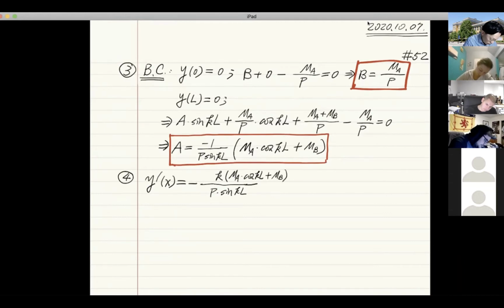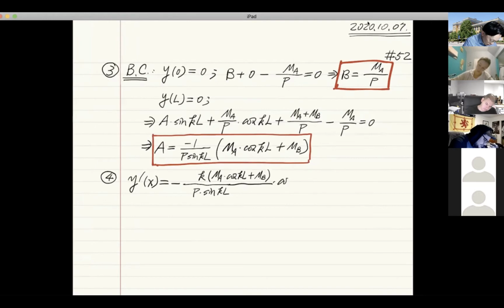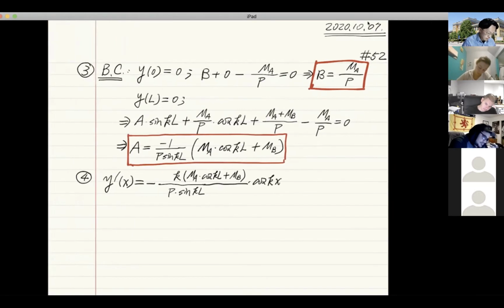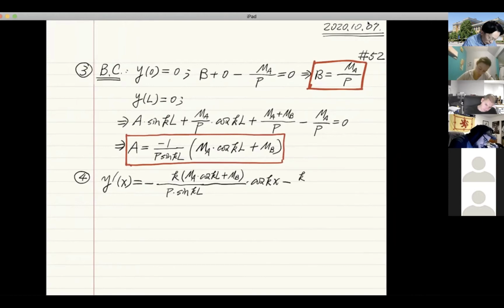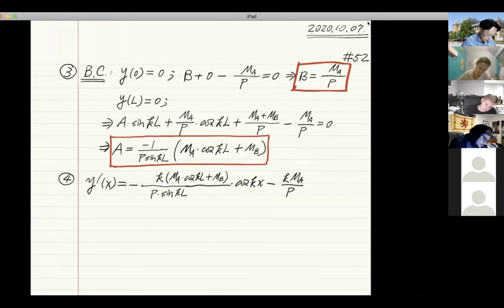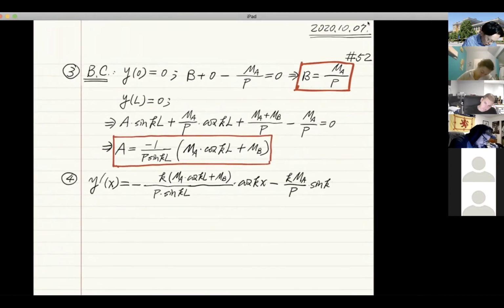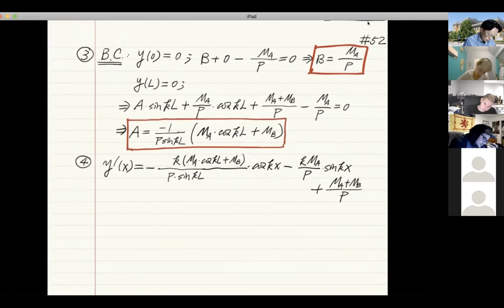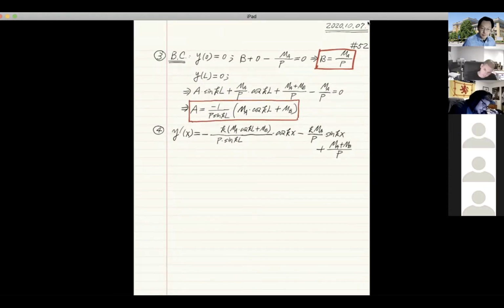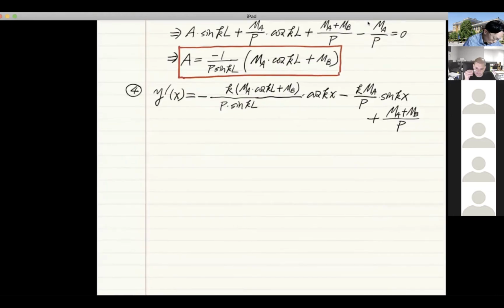So you can see part of it is actually coefficient A times K times cosine KX minus K times MA over P times sine KX and plus MA plus MB divided by P. So this is the first order derivative. Next one is the second order derivative.